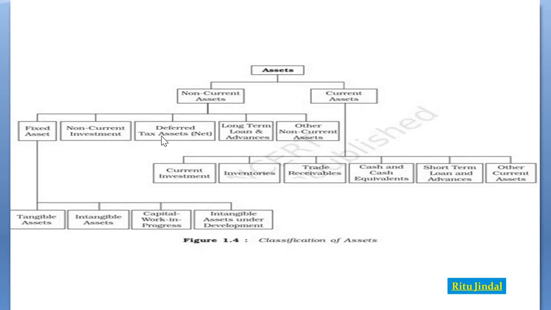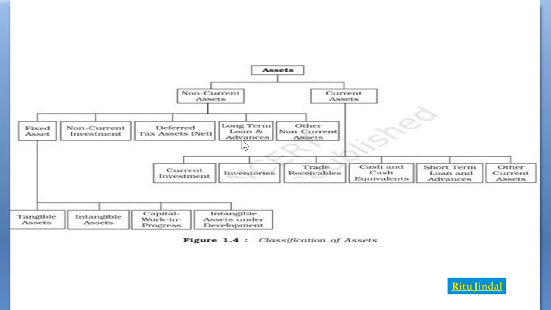Deferred tax assets. Deferred tax asset means sometimes the business organization calculate the income for income tax, and income tax authorities are also calculated the income for income tax. There may be the difference between these two incomes, and that amount will be transferred to deferred tax asset. Long-term loans and advances.